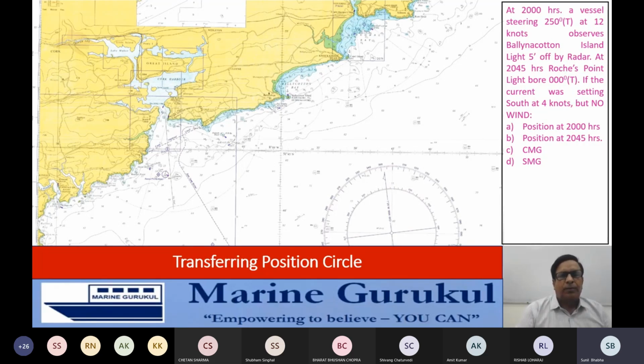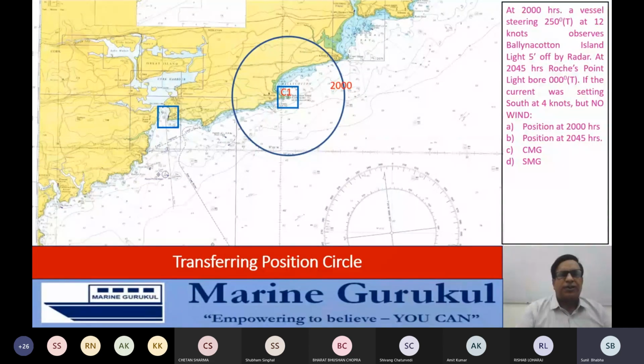So we basically first draw the first position circle, both landmarks identified, with C1 as center and 5 miles as radius, and we get the 2000 hour position circle. Now we have to run up this C1 by 45 minutes, with the ship's propulsion displacement and current allowed for.